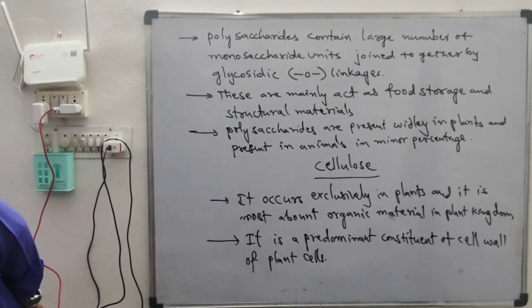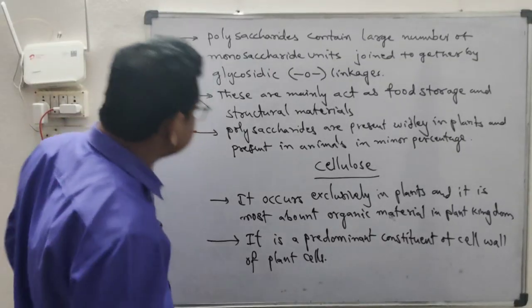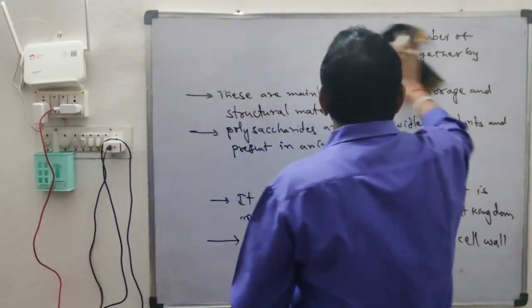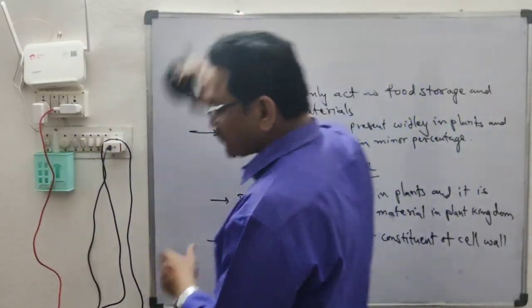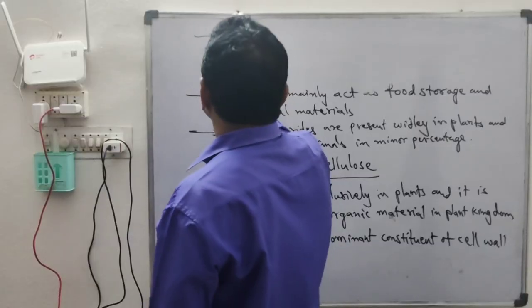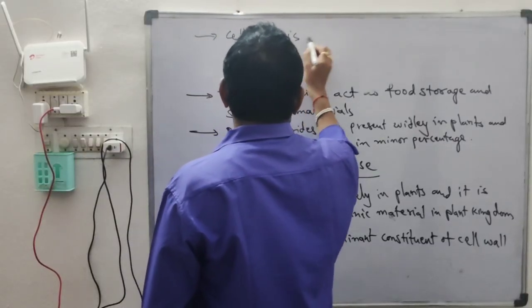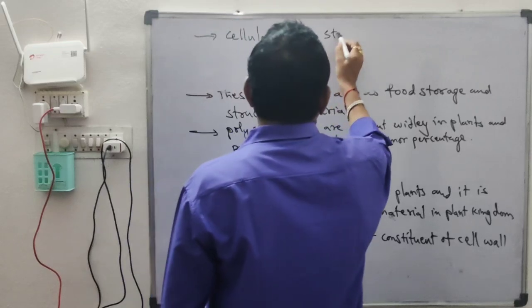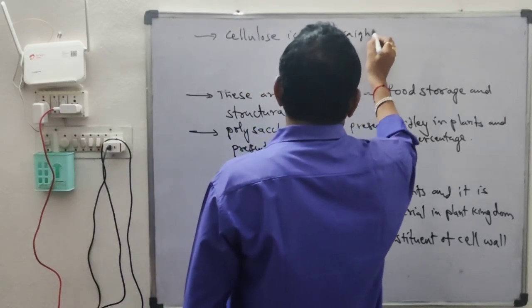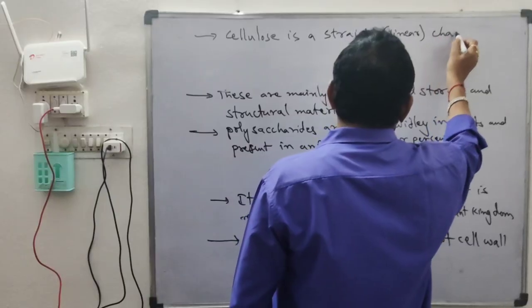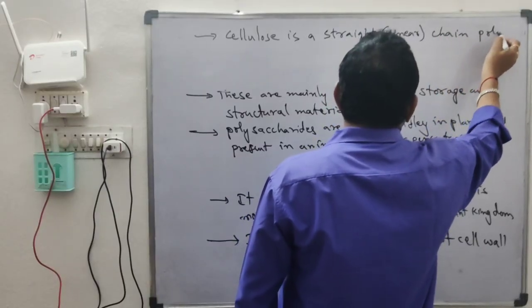Next point: cellulose is a straight chain polysaccharide. Straight in the sense linear. Linear chain polysaccharide.